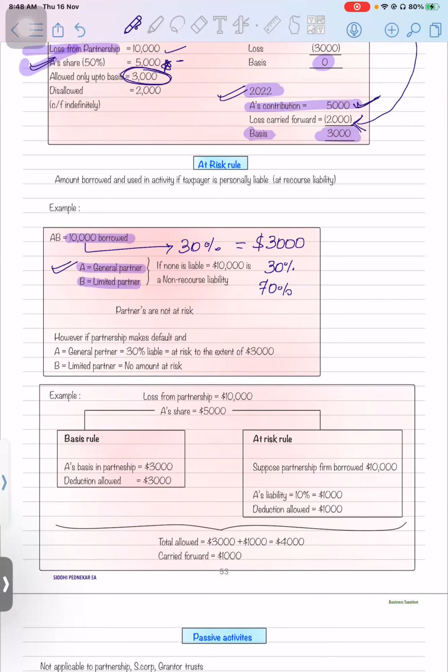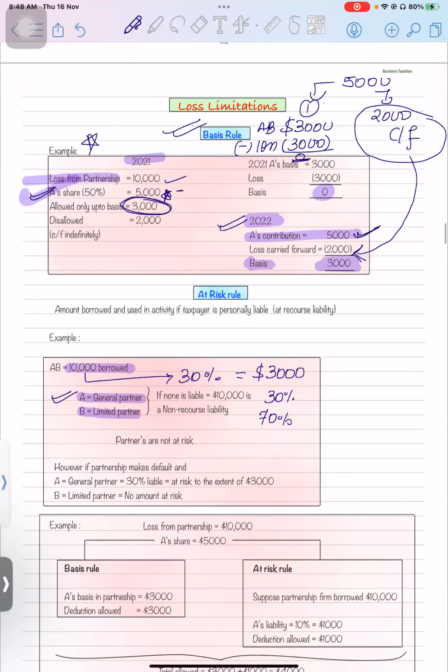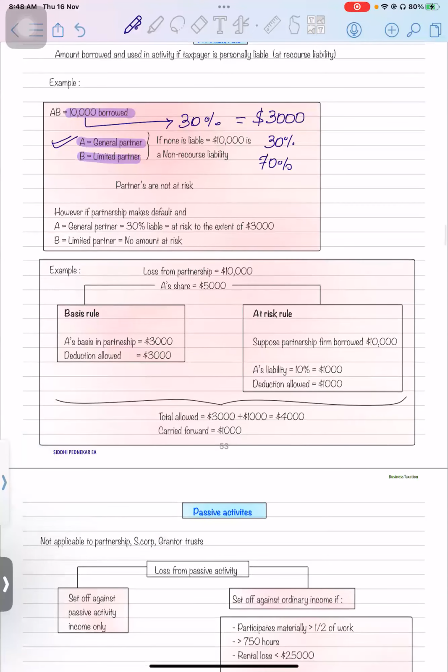Okay. Now taking the same example, let's say this Mr. A is having the basis rule and the at risk rule will also apply. So A's basis in the partnership was how much? 3,000. So we can deduct 3,000 straight away from his basis. Out of 5,000, we have allocated 3,000 over here.